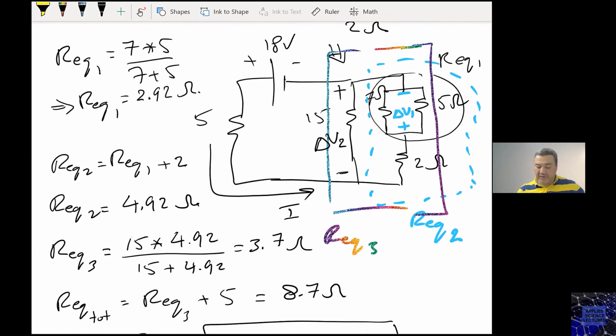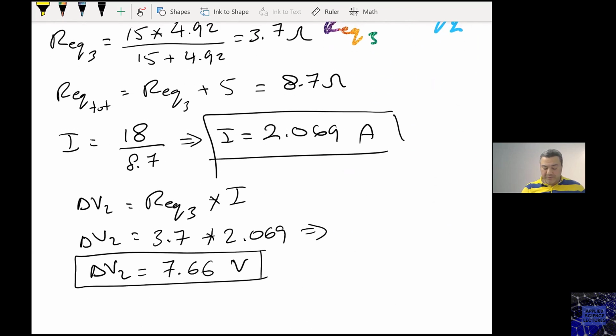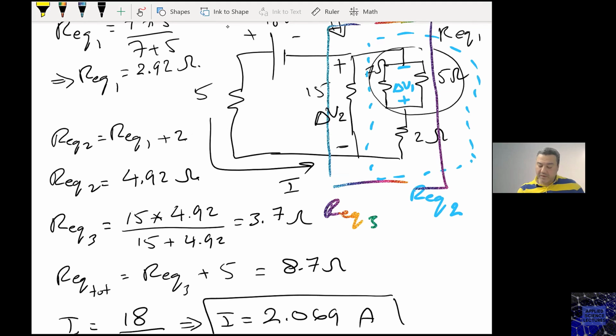So I got delta V2, which is the same across R equivalent 2. Delta V2 here is across the 15 ohm and also across R equivalent 2.